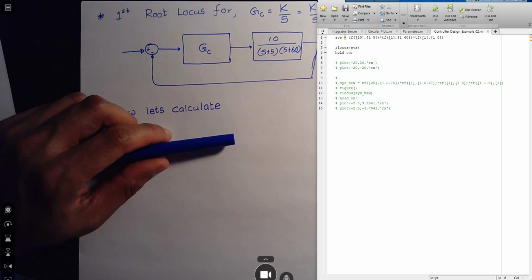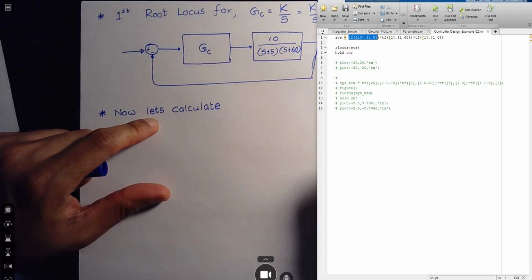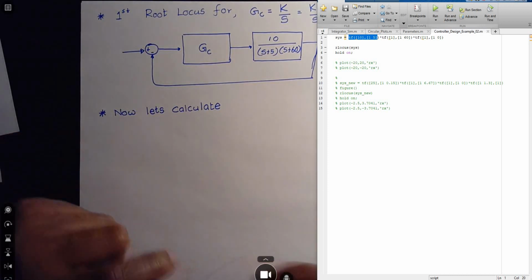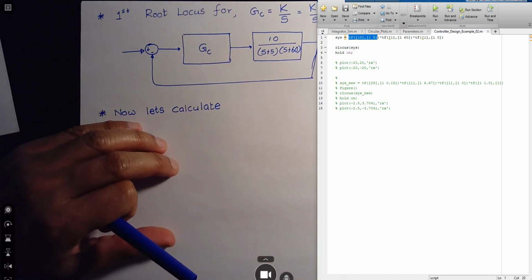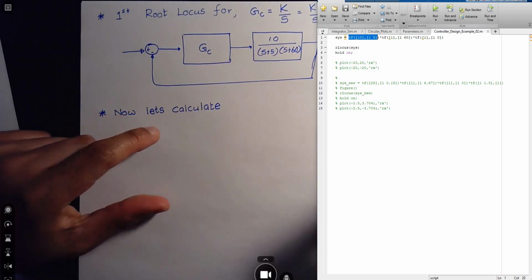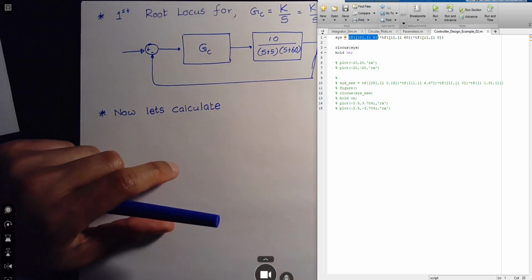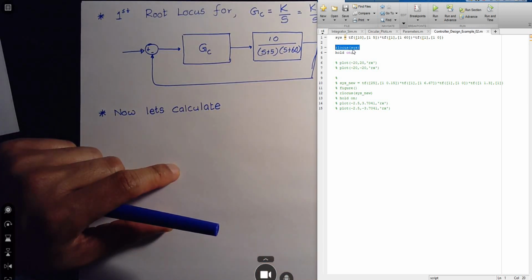Here I have set up the transfer function. First 10 over s plus 5; I separated these two into one transfer function because they are a product. And then I multiplied that with 1 over s plus 60 times 1 over s. So these three are multiplied, and then I'm performing a root locus.